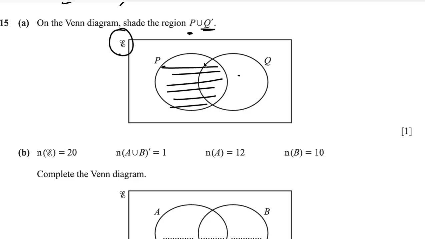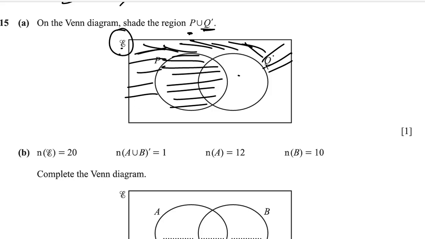And then union Q prime or Q complement. So every other thing apart from Q that is in the universal set. So we shade every single part, leaving the Q region, which is over here.